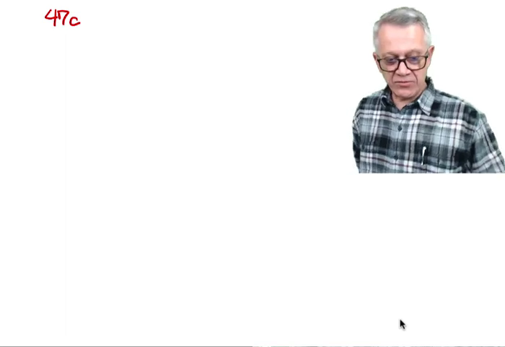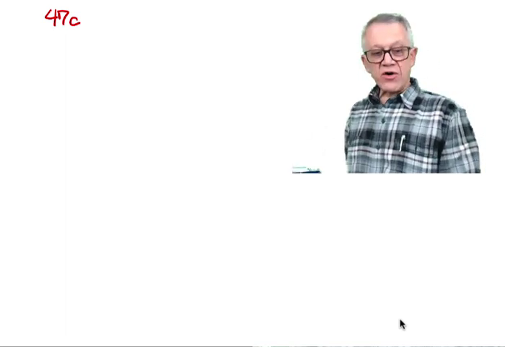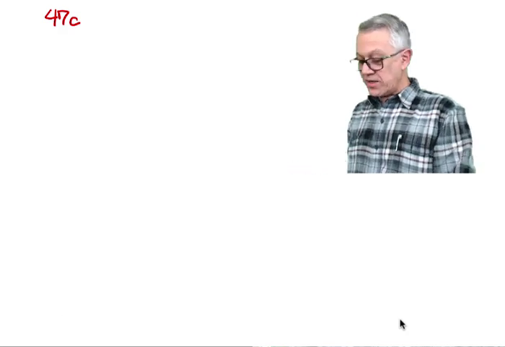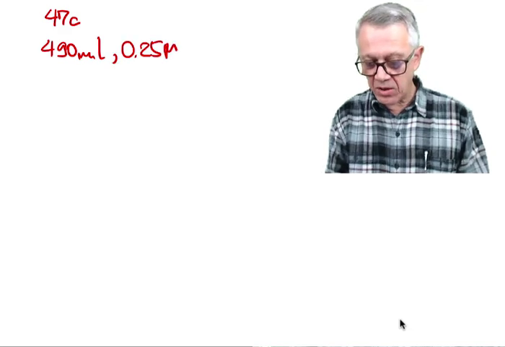In 47C, again the same thing: 0.2 molar HCl, and there are 490 milliliters of 0.25 molar isoelectric lysine. Let's write this down here.